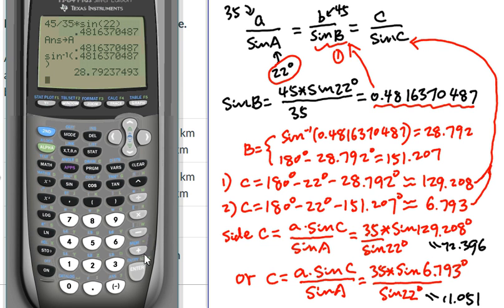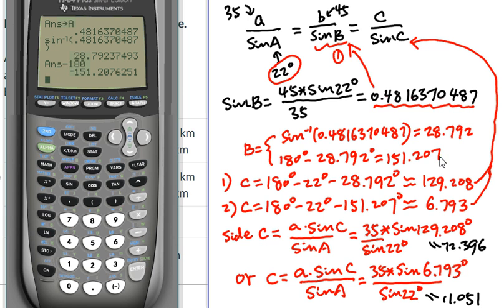You may do that. Here you see if you do 28 minus 180, you get negative, but you know here it should be positive. So it is 180 minus 28.79, and here I did the opposite.